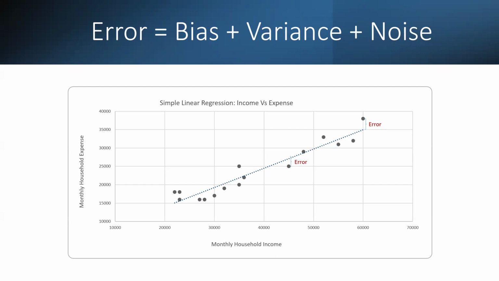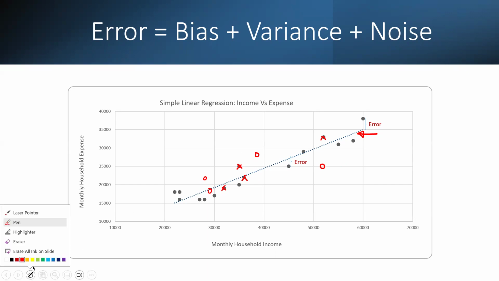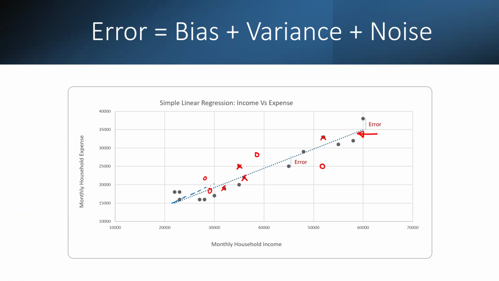What is variance error? Now, in this simple linear regression, take the predicted line of best fit. If I change a few data points here or there, for example, if these data points are not there, a few data points have been changed and a few new data points are introduced, then it is very likely that the line of best fit may become something like this.